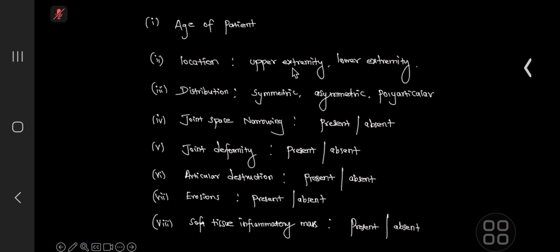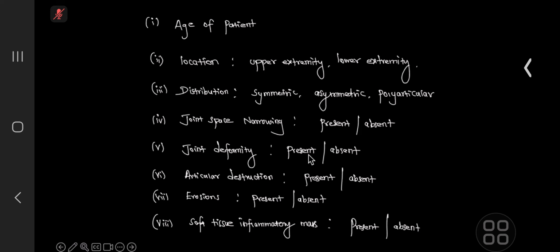For example, psoriasis mostly involves the axial skeleton and upper extremity, and rarely goes to the lower extremity. Then look at the distribution: is it symmetric, asymmetric, or more than one joint involved? And joint space narrowing, is it present or absent? Joint deformity, once present, leads you towards the destructive arthritis spectrum.